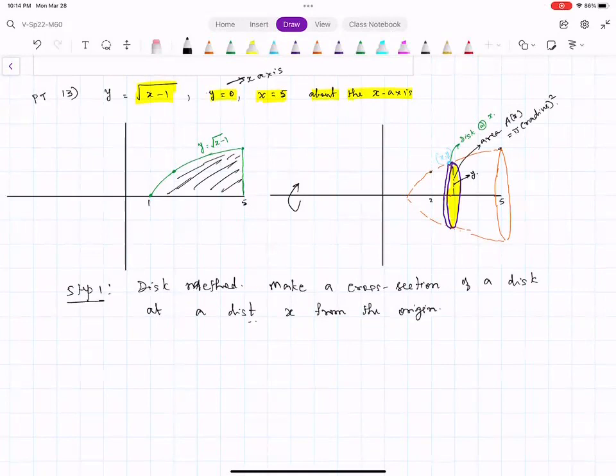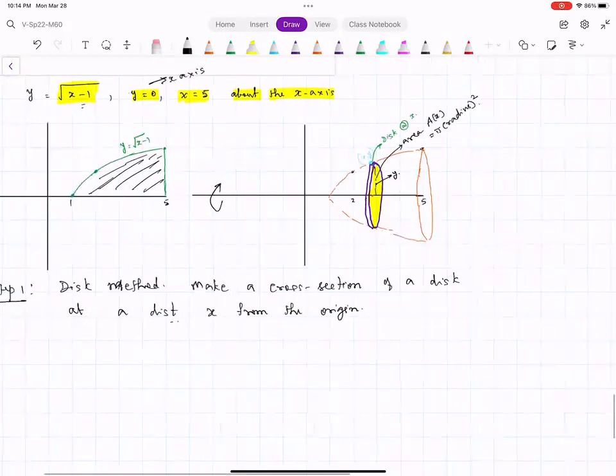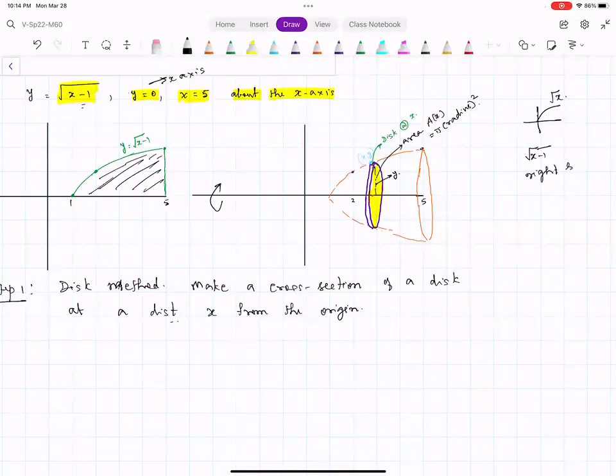Also note that for the square root of x minus 1, you can of course use your graphing calculator. The square root of x is this graph, and then the square root of x minus 1 is a right shift by 1 unit.